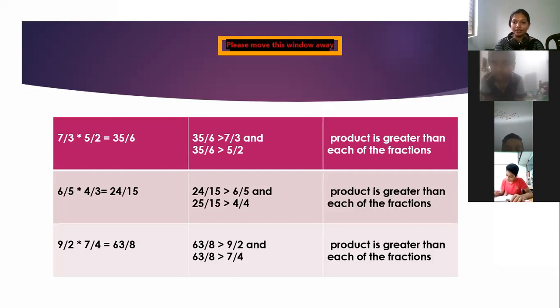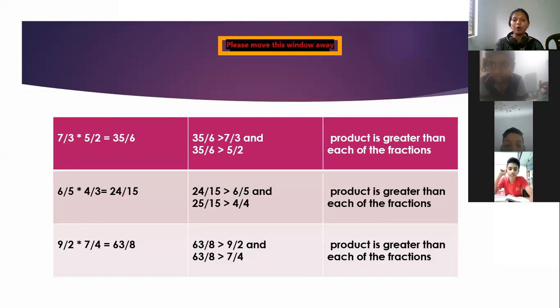Then what is the value of 6 by 5? It should be 1 point something.